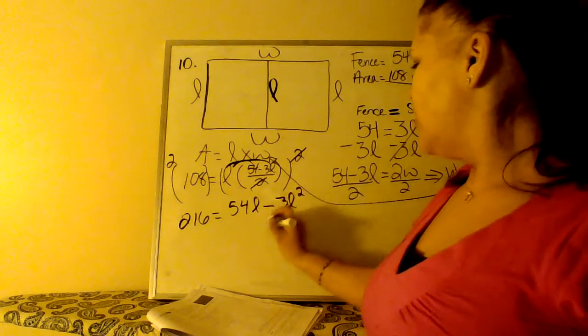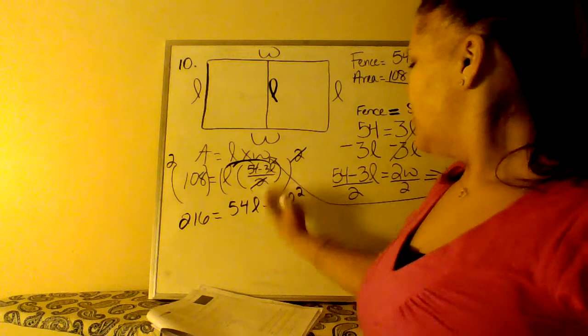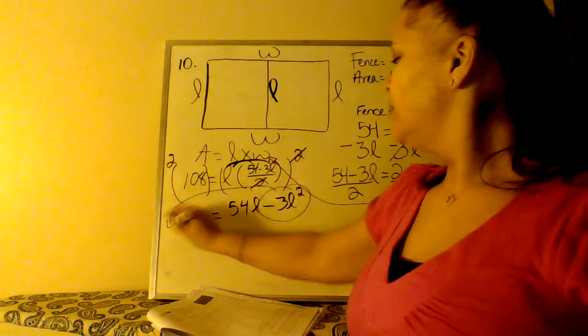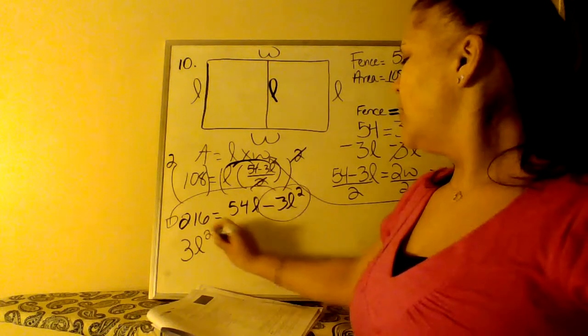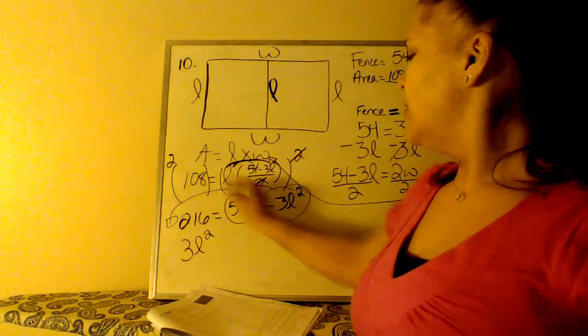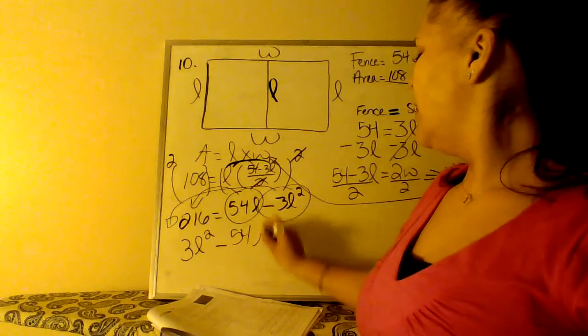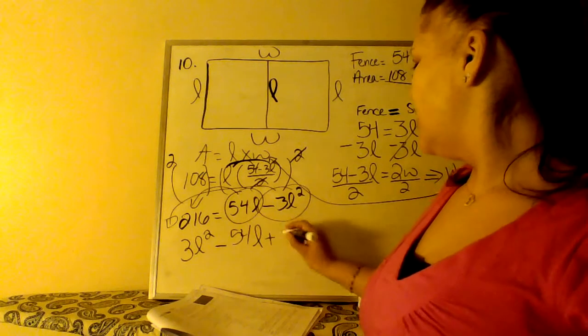So I'm going to move this over to the other side. So when this moves to the opposite end of the equal sign, that becomes a positive 3L squared. This becomes a negative 54L. And then this stays because we're still on the same side.